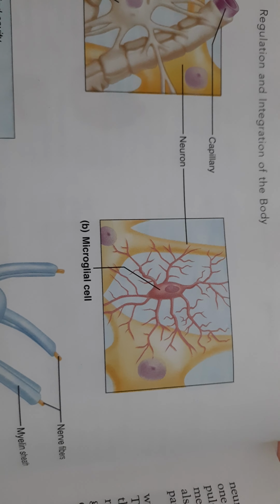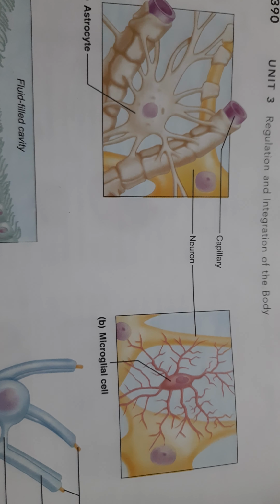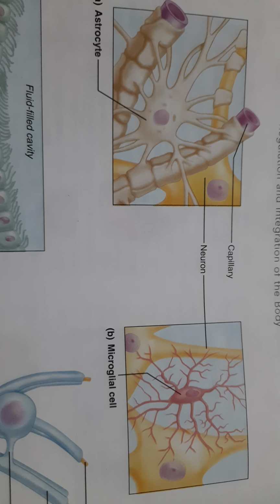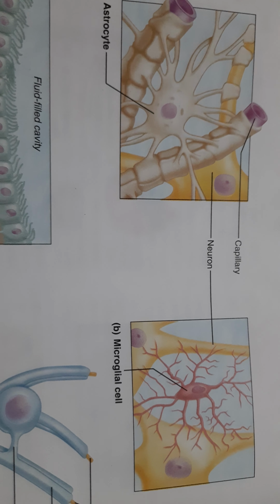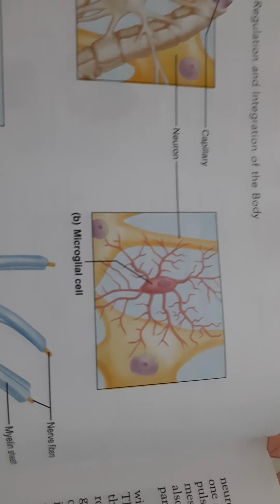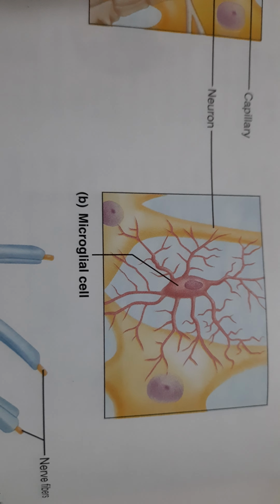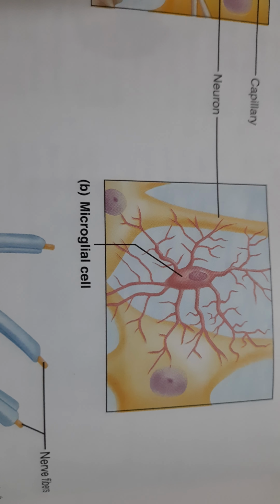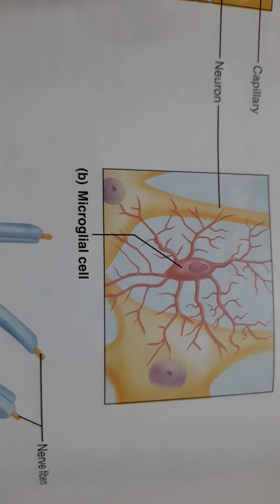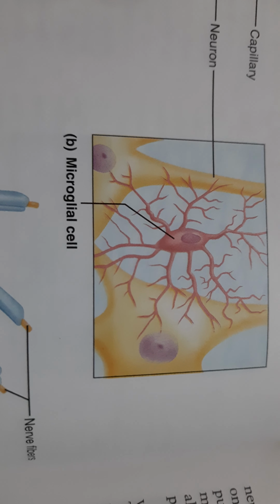And next it's microglia. You can see in these two pictures that the difference is obviously the color, but I don't know what color microglia is. But another difference is that these branches are much thinner. Each branch is much thinner, and this microglia remains connected with numerous neurons, and it actually checks the health of the neurons.